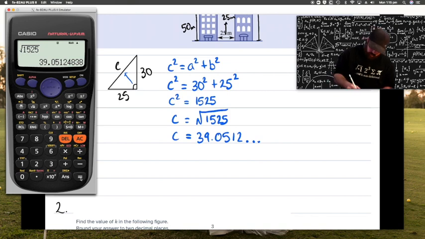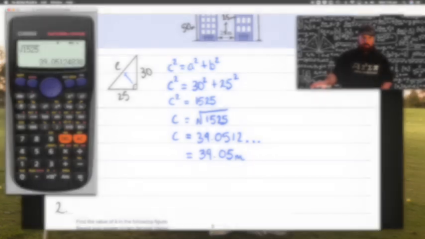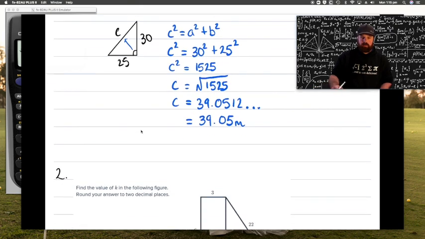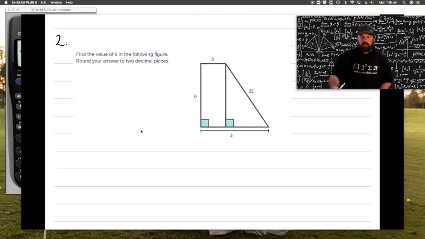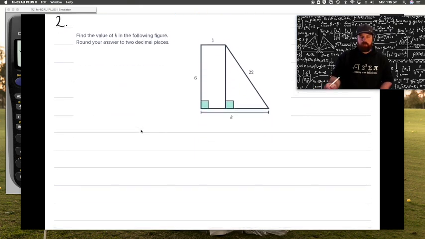So what we've got here is 39.05 meters. So the length of our cable is 39.05 meters in length.